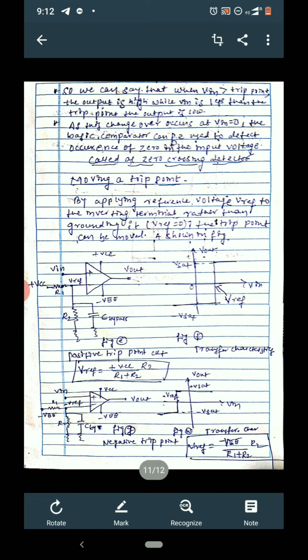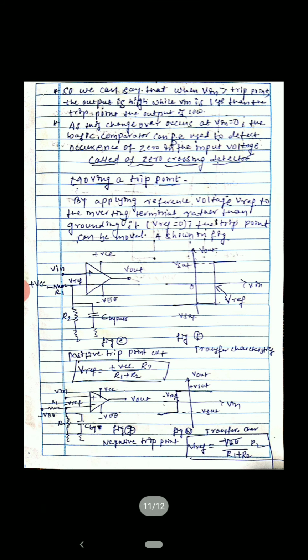So an op amp can be used as a zero crossing detector by connecting it as a comparator only. By taking this comparator and making the reference voltage 0, you can detect the zero point in your input signal. But again the problem remains: small noise voltage can also change your state.